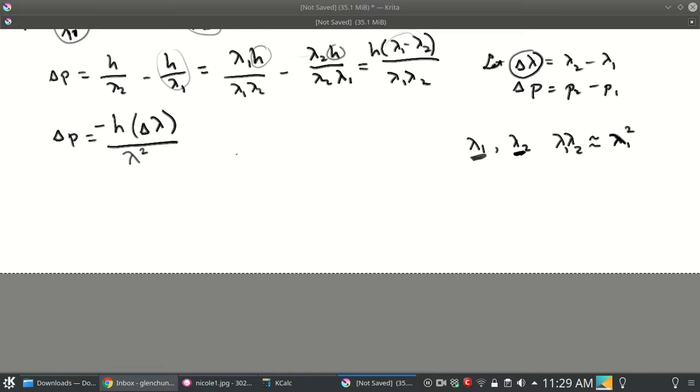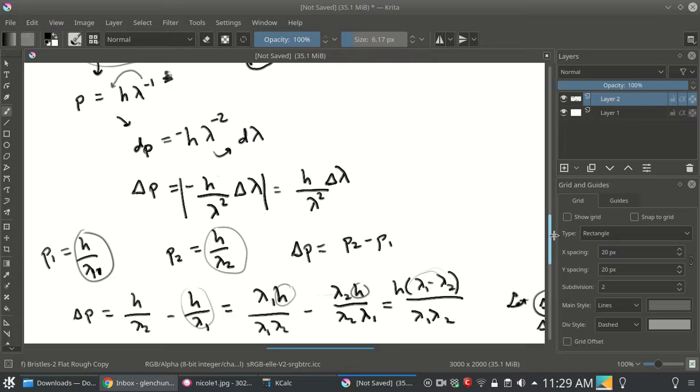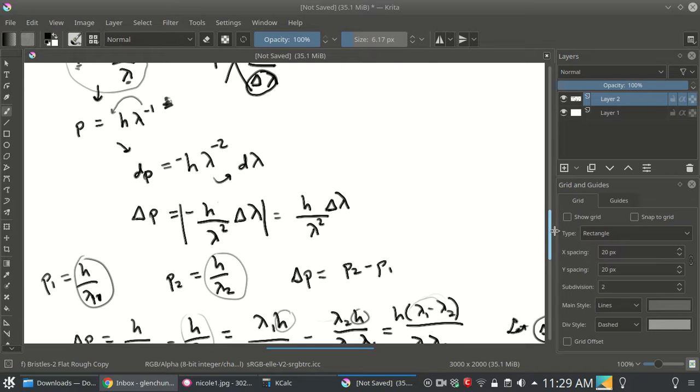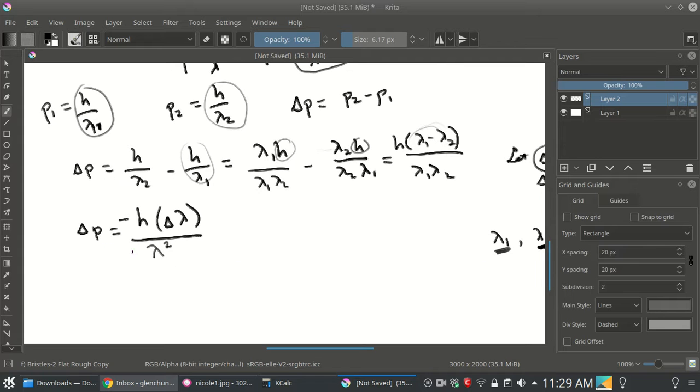And that is the same thing we got from matching up the deltas with d's in the power rule, or if you prefer, the quotient rule. So this is h delta p equals h delta lambda over lambda squared, just like delta p equals h delta lambda over lambda squared.